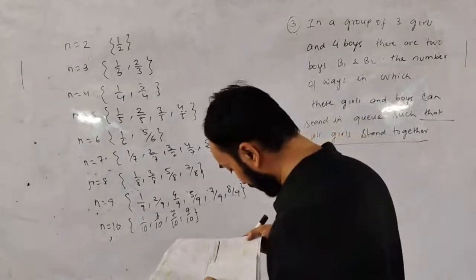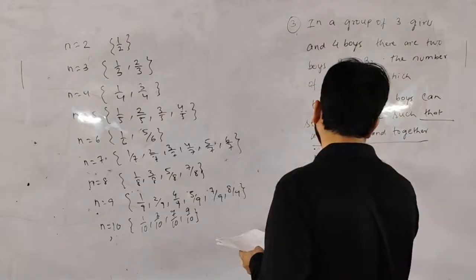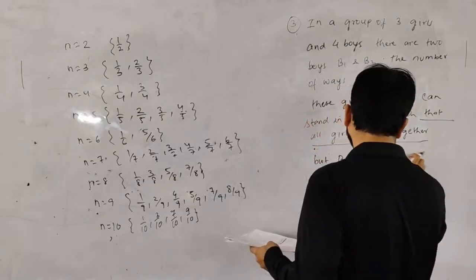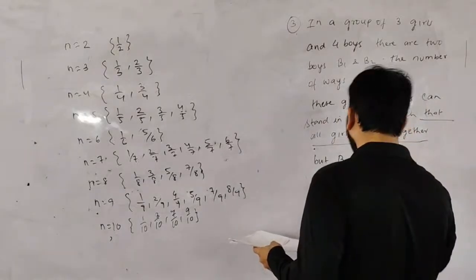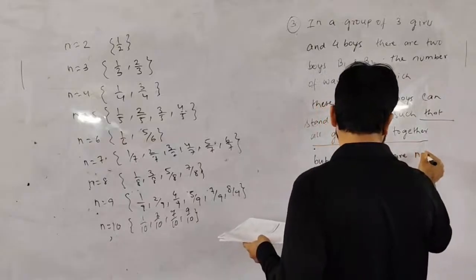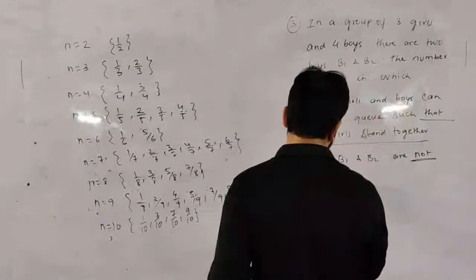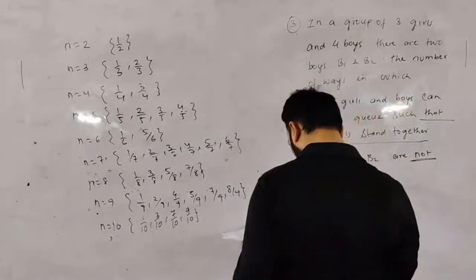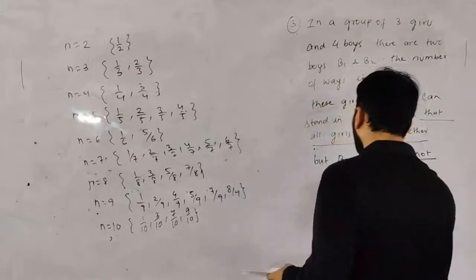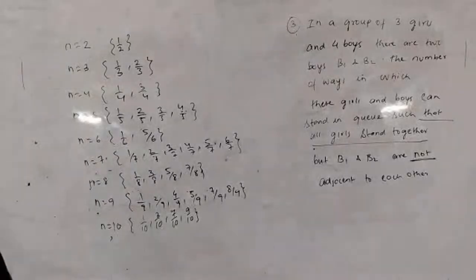And next is, B1 and B2 are not adjacent to each other. Okay, so there is a problem with B1 and B2 also. I am marking the words not adjacent to each other. B1 and B2 stand anywhere but not adjacent with each other, right?